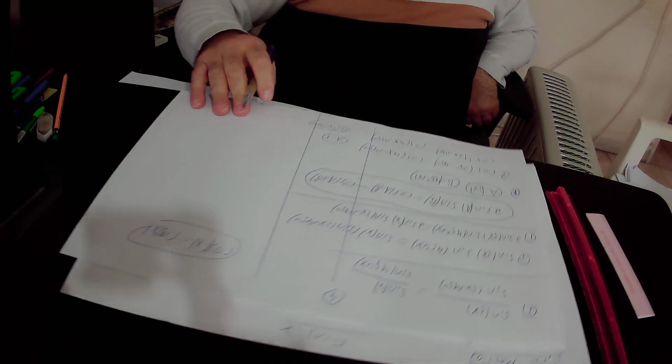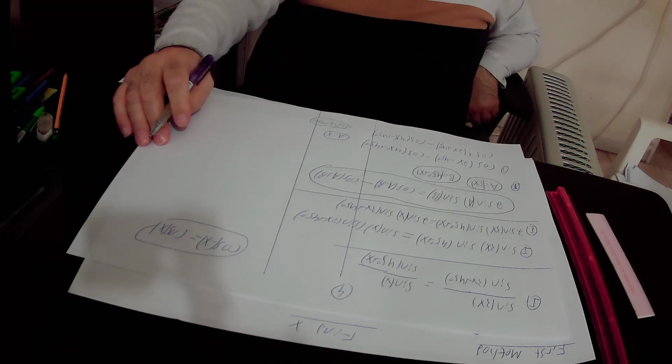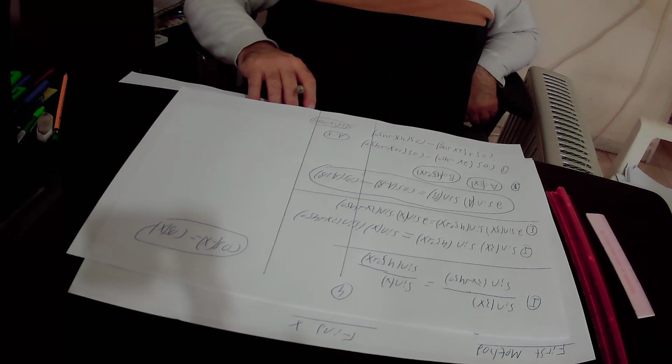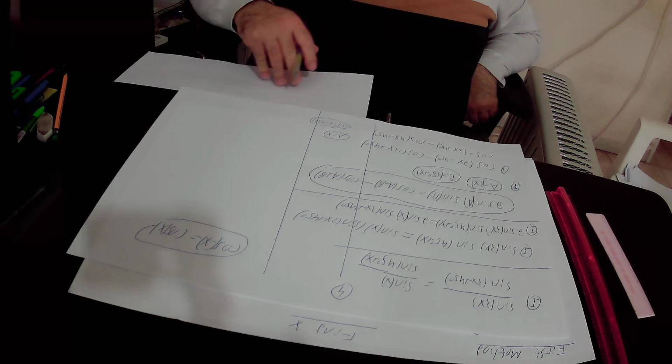So here we have cosine 2x minus 45 degrees, so I will copy it here.